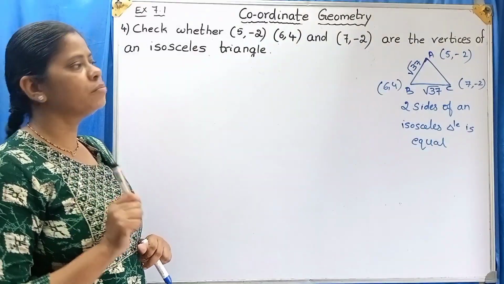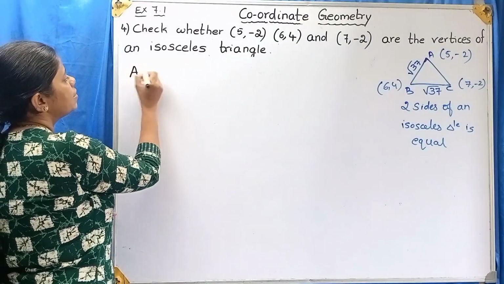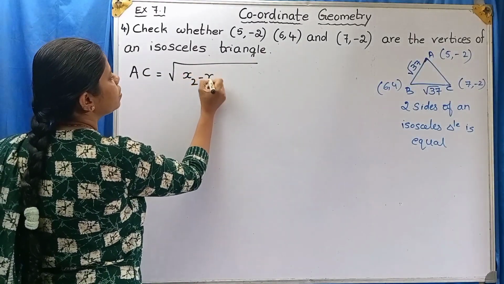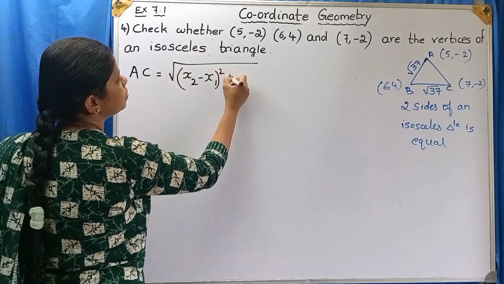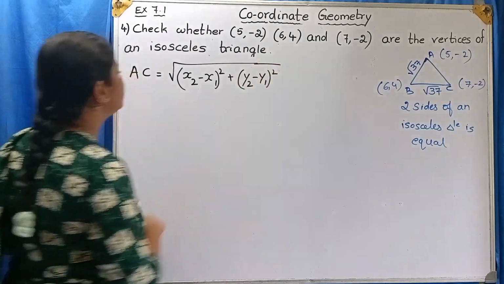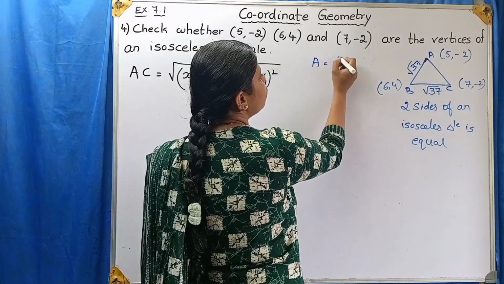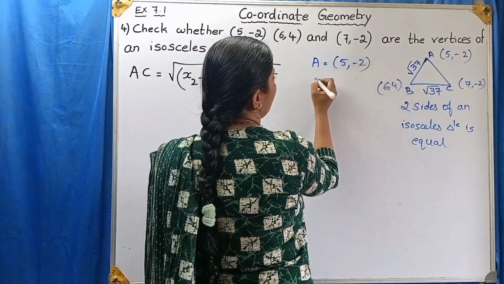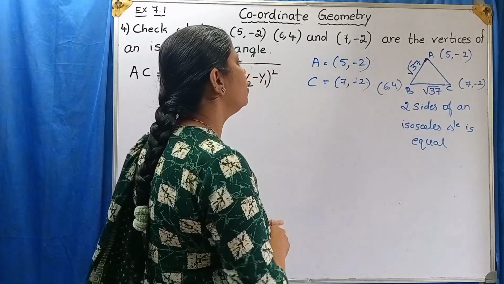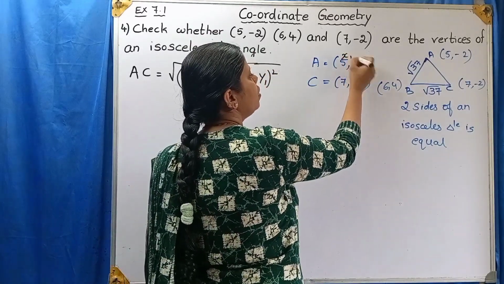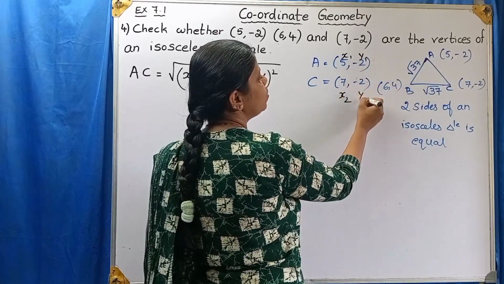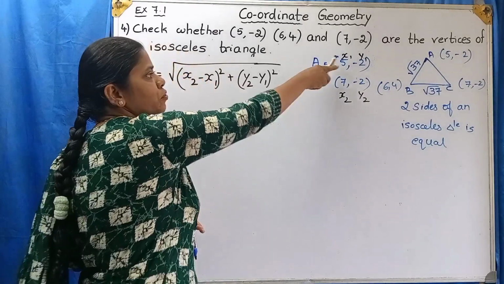Now, let us find the distance between AC. AC is equal to the square root of (x2 minus x1) the whole square plus (y2 minus y1) the whole square. A is (5, -2) and C is (7, -2). Here x1 is 5, y1 is minus 2, x2 is 7 and y2 is minus 2. Let us substitute these values.